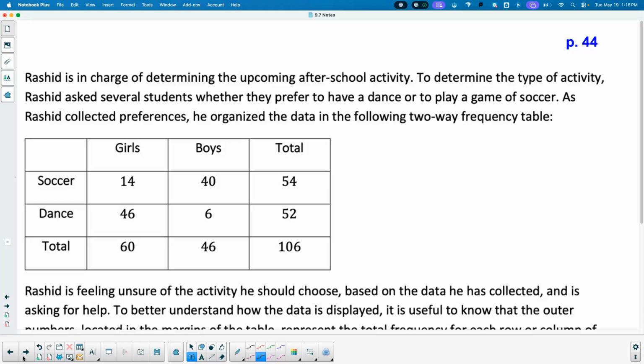So 14 girls, what this is saying is 14 girls here wanted to play soccer, whereas 40 boys wanted to play soccer. Okay? 46 girls wanted to dance. Only 6 boys wanted to dance. Okay?